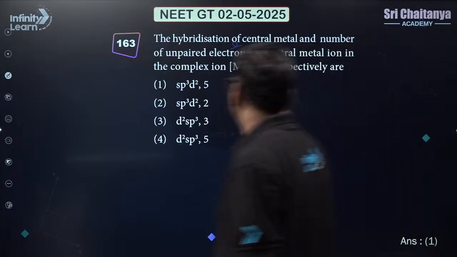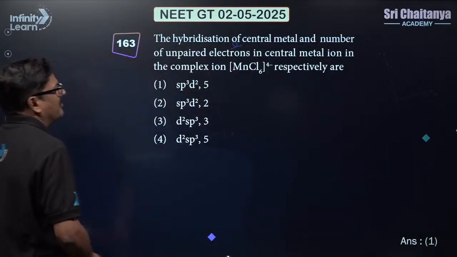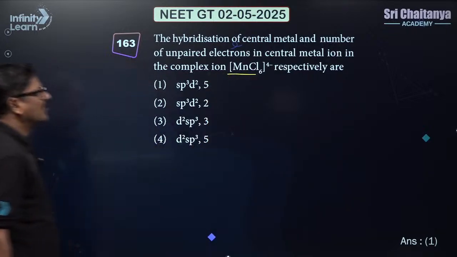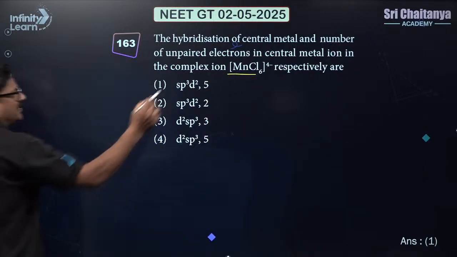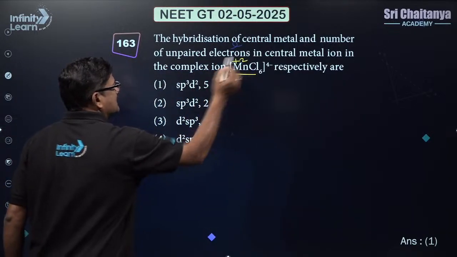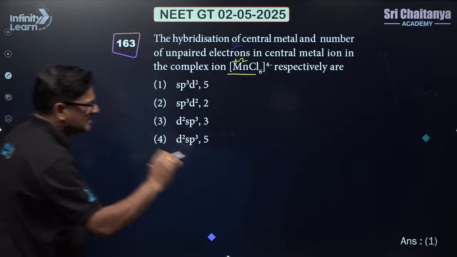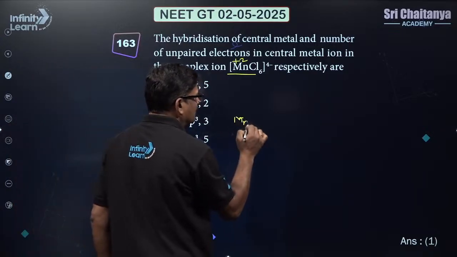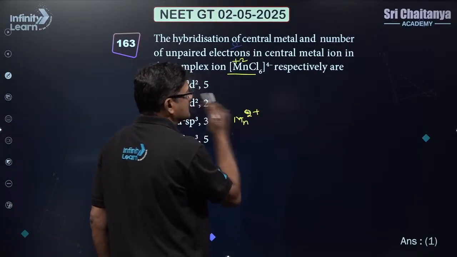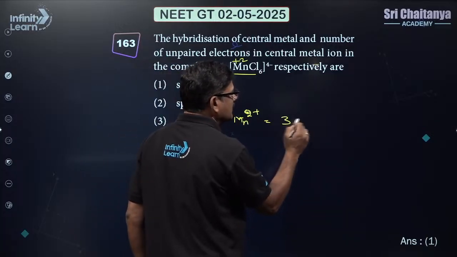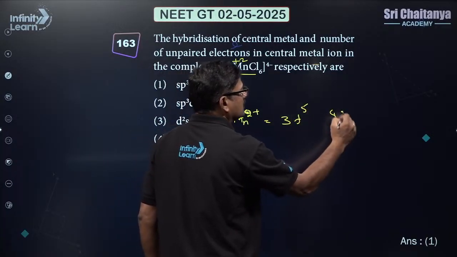Next, the hybridization of the central atom in MnCl6 4 minus. So it has Mn plus 2. Cl is a weak field ligand. So Mn 2 plus is going to be d5 configuration, 4s0.